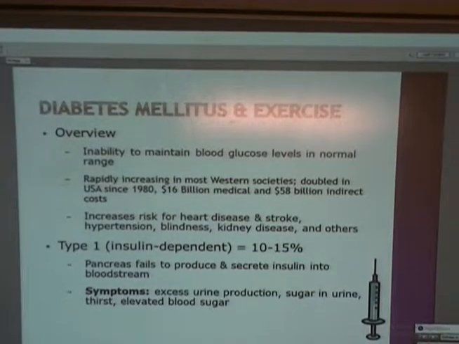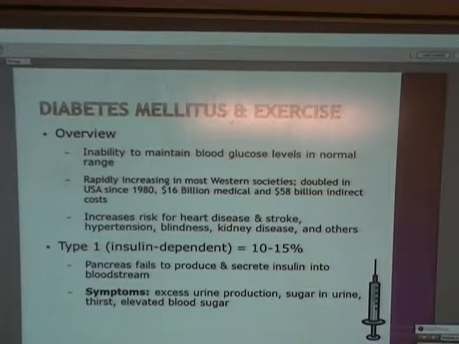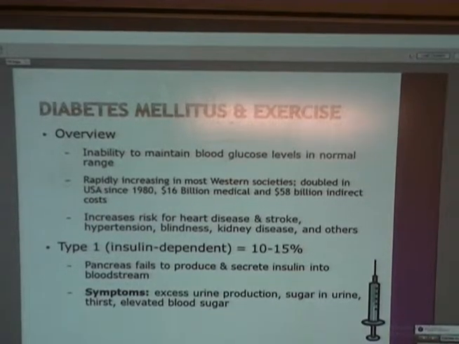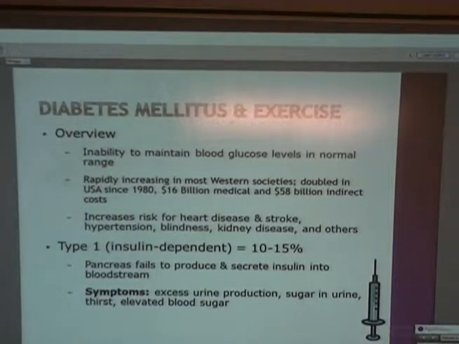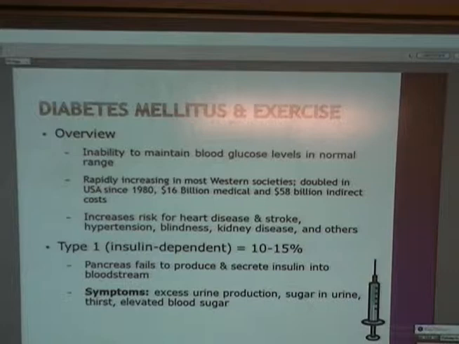All right, so what we call diabetes is technically diabetes mellitus, and that stands for the inability to maintain your blood glucose levels at a normal range, right? So within what would be considered healthy.